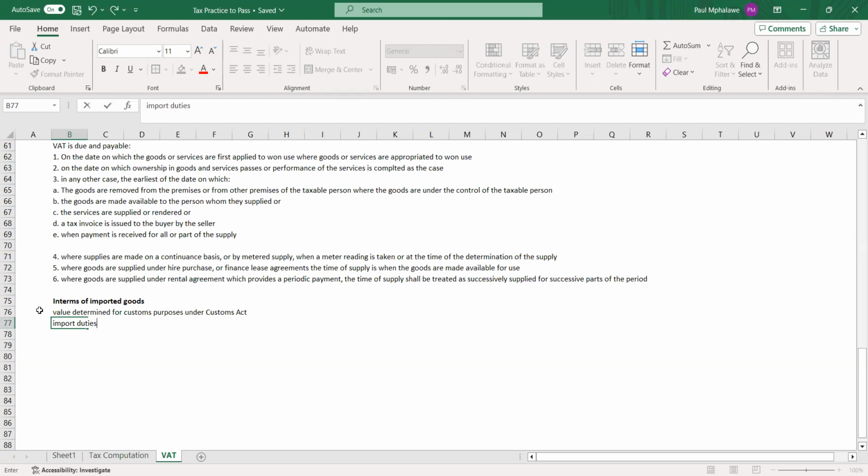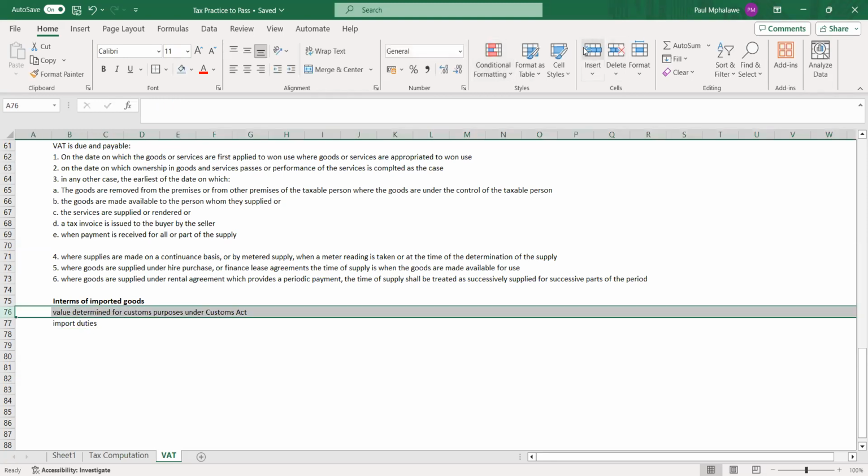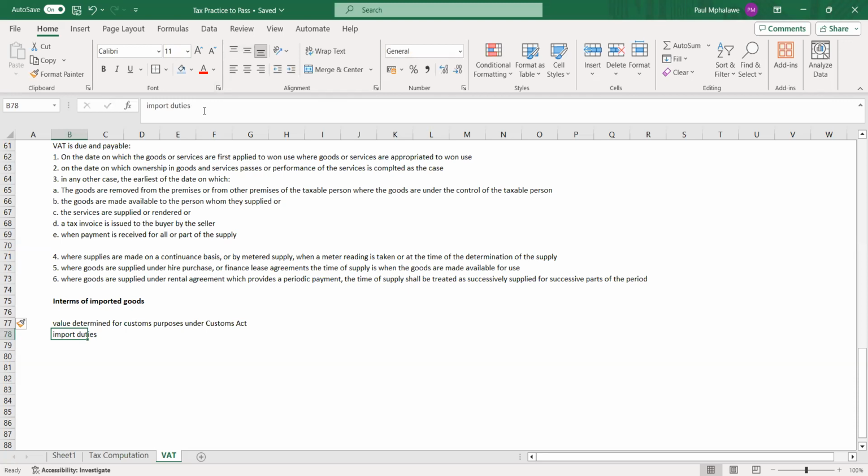So basically what we're saying, for you to be charged VAT, there is a value of the goods that you've imported from outside of the country. And there is also an element of import duties, if any, paid or payable to Malawi Revenue Authority.